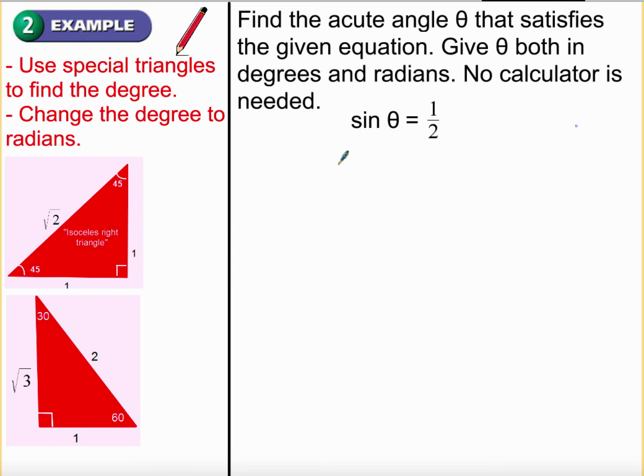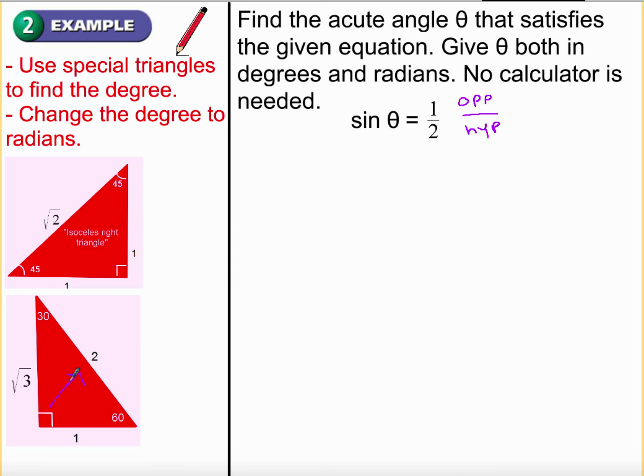So I'm trying to figure out what this angle actually is. So where would the sine, remember sine is your opposite divided by your hypotenuse. Which one of these triangles does that look like? Hopefully you went directly to this triangle because this is the only one where your hypotenuse, directly across from your right angle, is actually equal to 2.